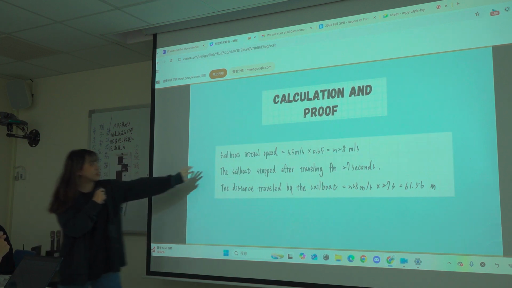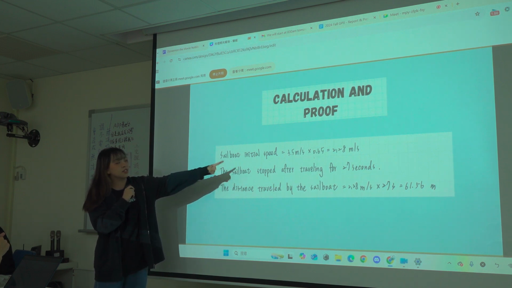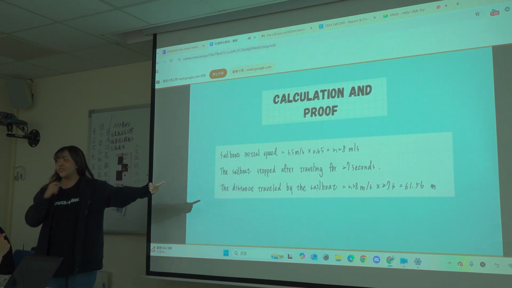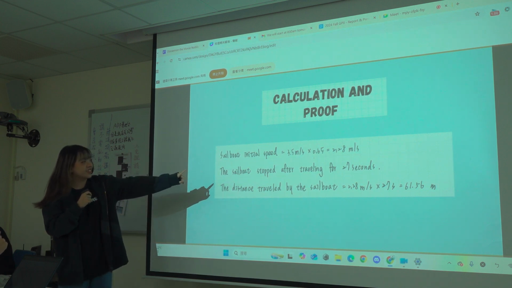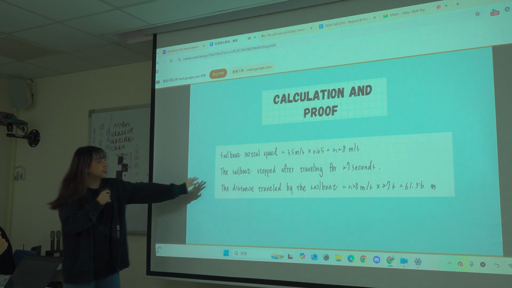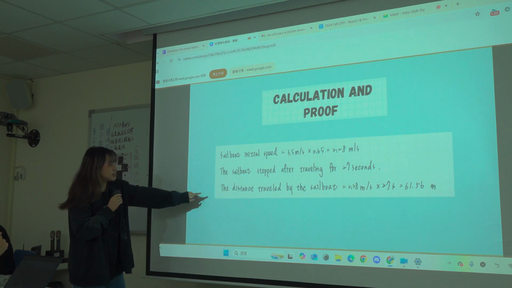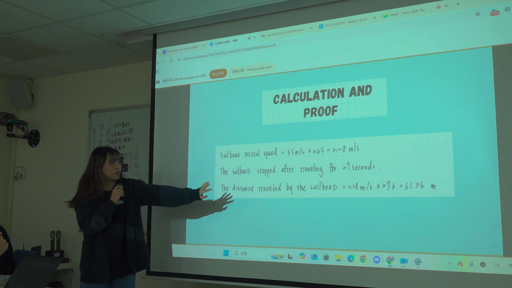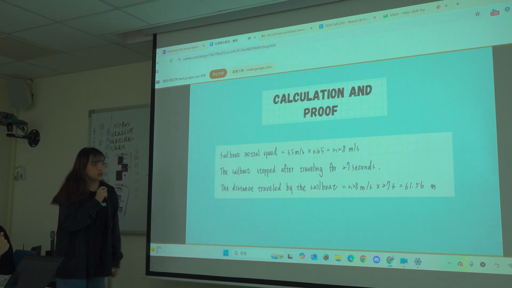And the sailboat's initial speed is, in the physical condition, 65% of the wind, right? They stopped after traveling for 27 seconds. So the distance traveled by the sailboat is 61.56 meters.